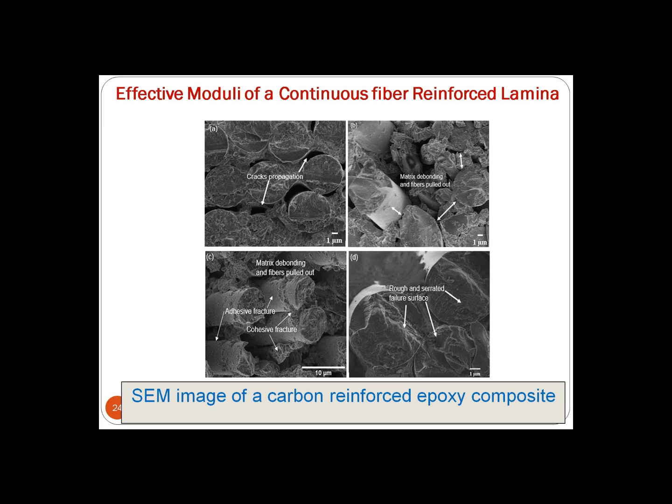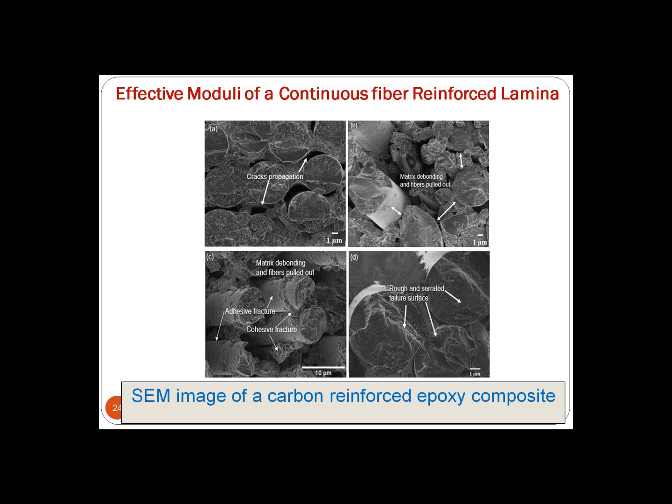Now in this slide, four SEM images of carbon reinforced epoxy composite have been displayed, and from these SEM images, further we have calculated the effective moduli of a continuous fiber reinforced lamina.